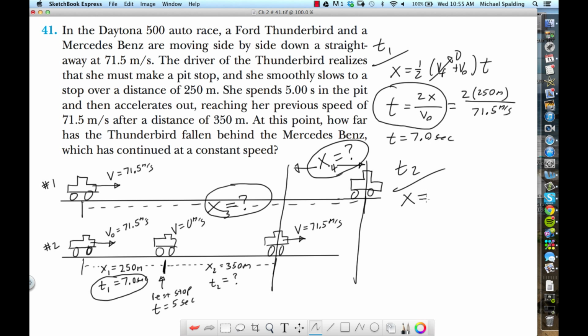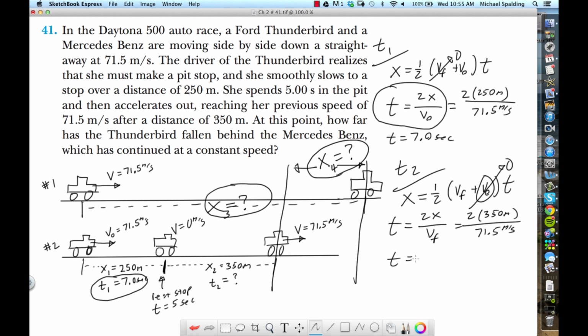Using the same equation, x equals 1/2 (vf plus v initial) times t. What's v initial? 0. So t is going to be 2x over v final. The distance she travels is 350 meters, and v final is 71.5. So this gives a time of 9.8.